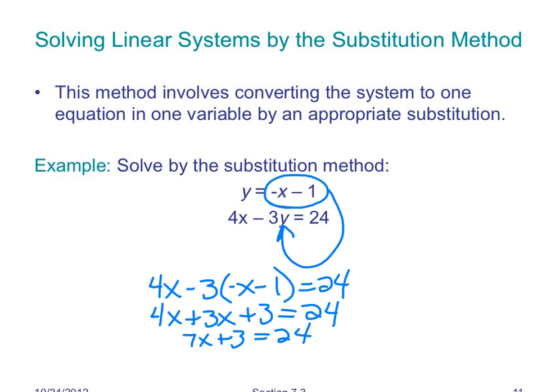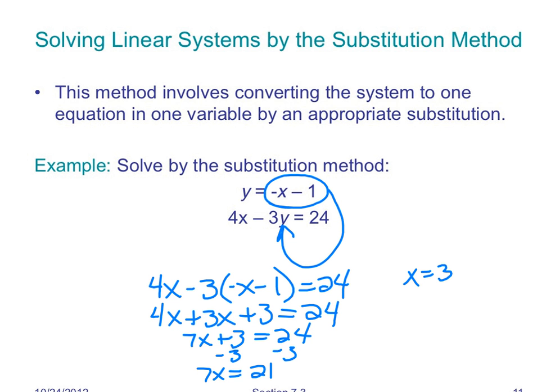You have to get the x by itself, subtract 3. 7x equals 21. Divide by 7, and you get x equals 3. Now remember, when you solve a system of equations, what we're looking for is a point.